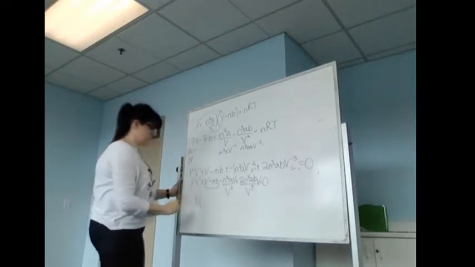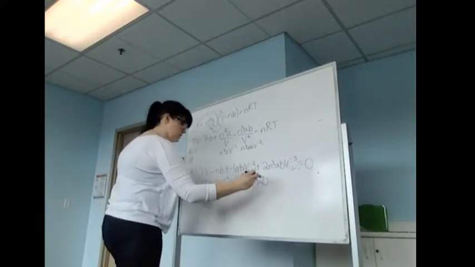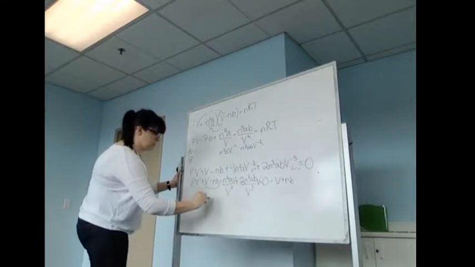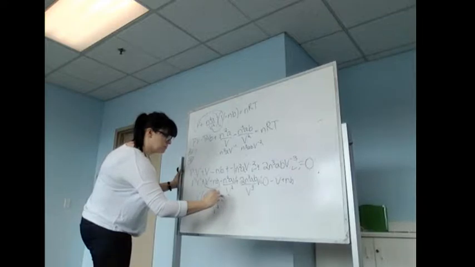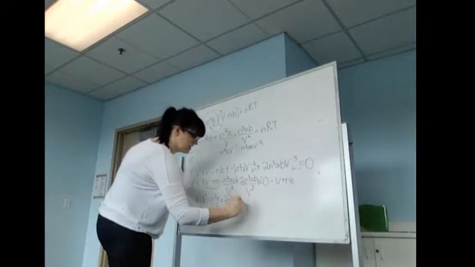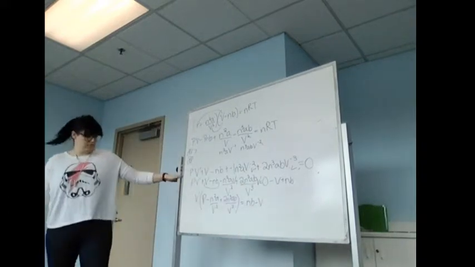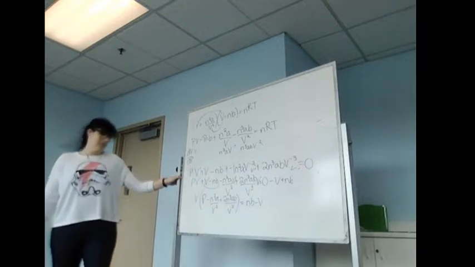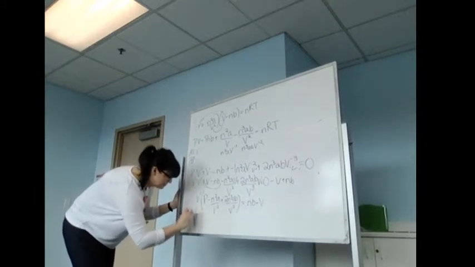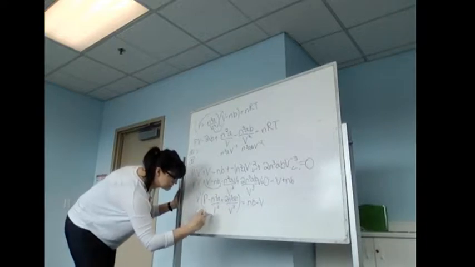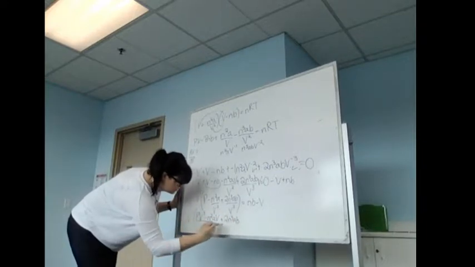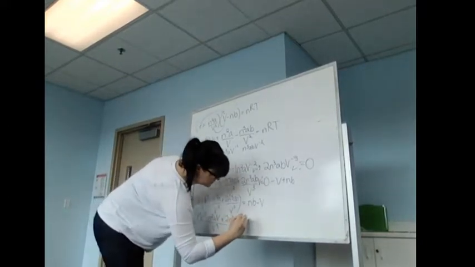Factoring out V prime, we have P minus n squared a over V squared plus 2n cubed ab over V cubed, equals nb minus V. So, common denominator: V prime times (PV cubed minus n squared aV plus 2n cubed ab) over V cubed equals nb minus V.